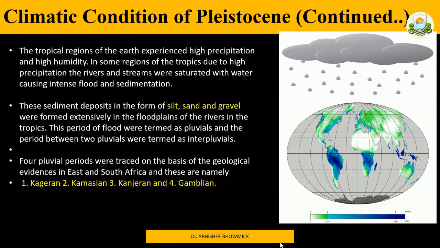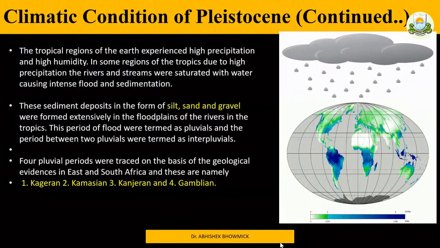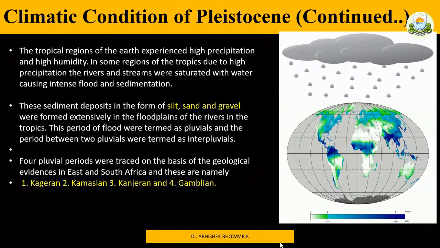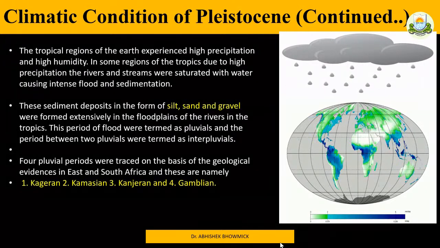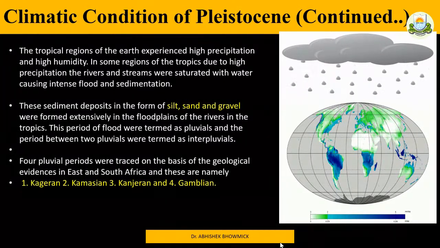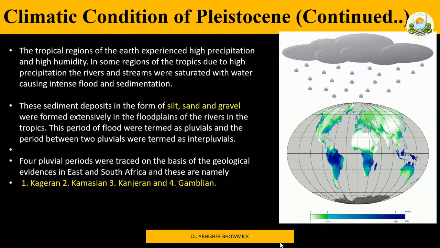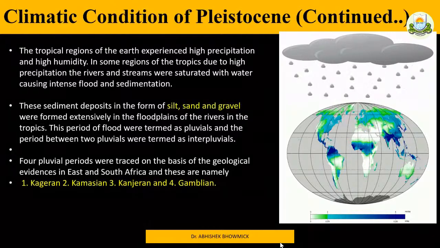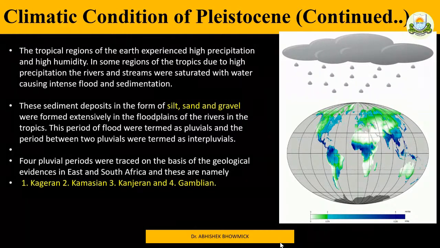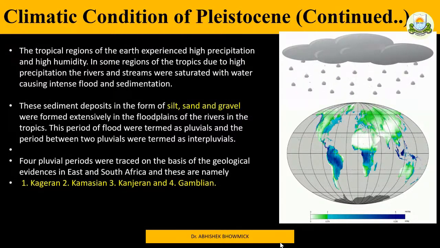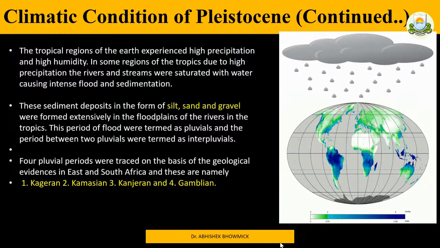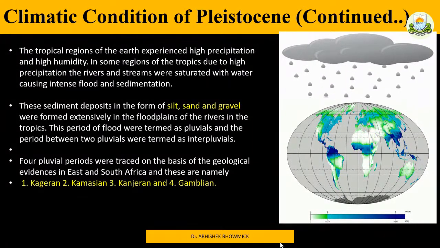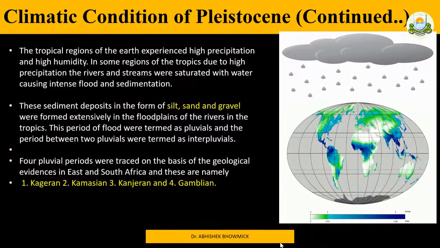These sediments, deposited in the form of silt, sand, and gravel, formed extensively in the floodplains of the rivers in the tropics. These periods of flood were termed pluvials, and the periods between two pluvials were named interpluvials. Based on the work of many researchers, four pluvial periods were traced on the basis of geological evidence in East and South Africa, namely Kageran, Kamasian, Kanjeran, and Gamblian.